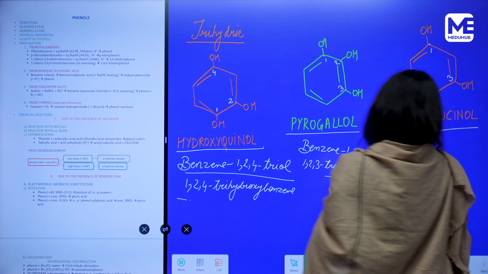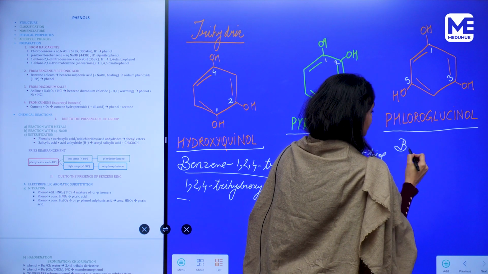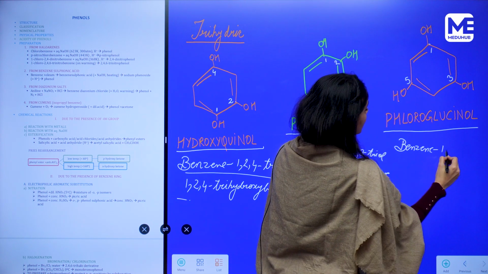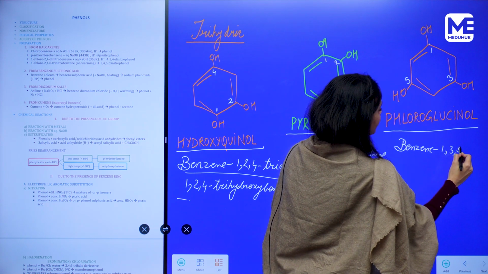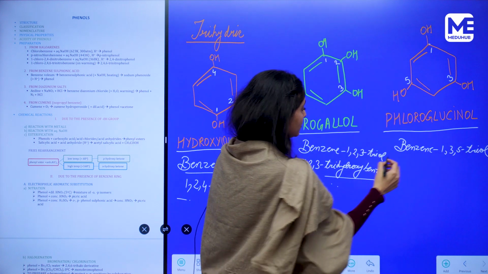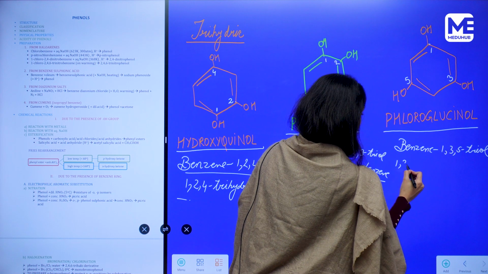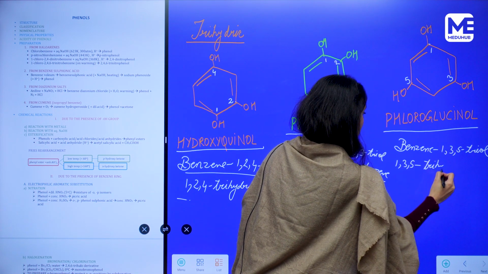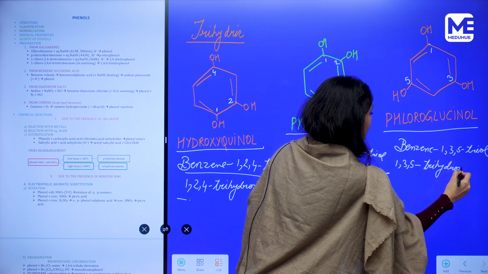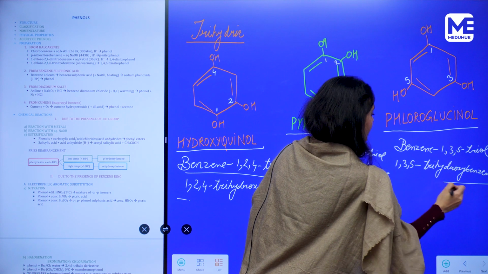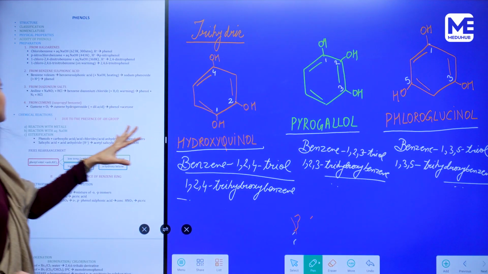This can be named according to the IUPAC system as benzene-1, 3, 5 triol, or 1, 3, 5 trihydroxybenzene. So this is it about the nomenclature.